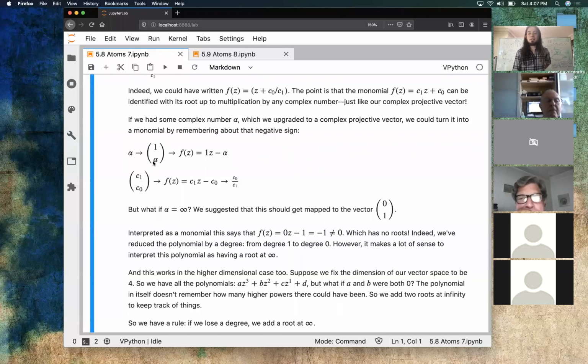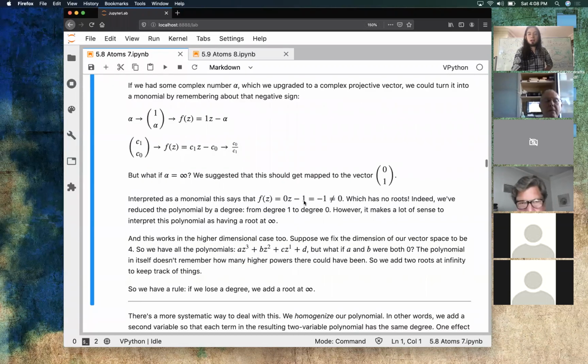Then if alpha is infinity, we should send it to the vector (0, 1). But if we interpret that as a polynomial, then it has no roots. You plug in, say, 0 and 1, and there's nowhere where this equals 0 because there's the constant term. So, you think, it's not going to work. But the trick is to reinterpret this as the polynomial has a root at infinity.